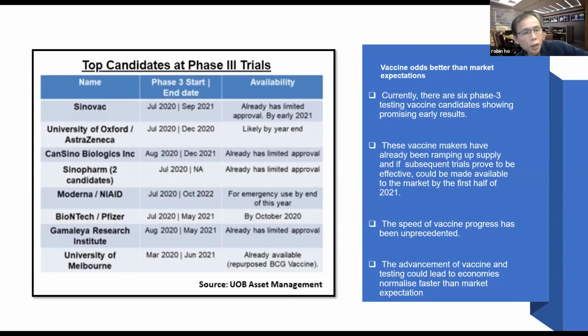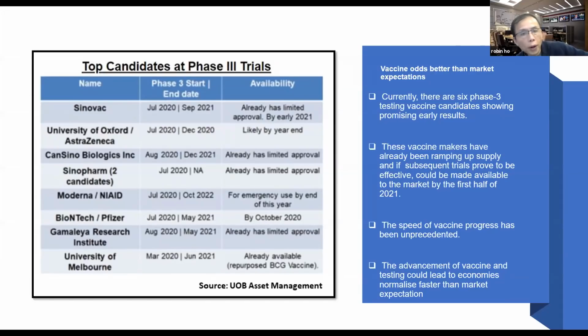Today we have seen so many vaccines on trial. If you have been reading the news, Sinovac has already been distributing their vaccine in China. Today, if you have money, you can go to a government hospital and get an injection of the Sinovac vaccine.